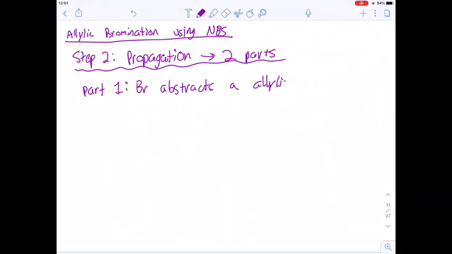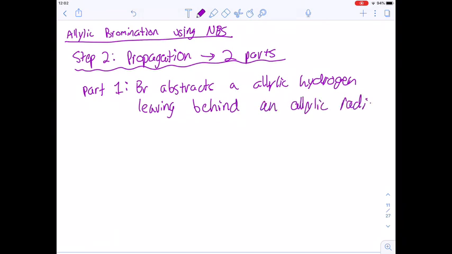Part 1, like I said before, your radical bromine is going to abstract an allylic hydrogen, leaving behind an allylic radical. So this is the step where resonance can occur.